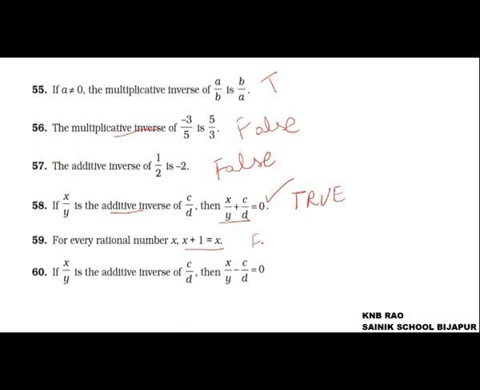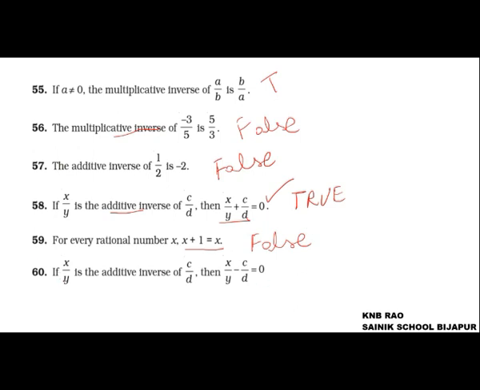So successor of a number cannot be equal to itself. If it is considered for natural numbers, whole numbers or integers. When it comes to the rational number, 1 added to any rational number cannot give the same number. So it is false.